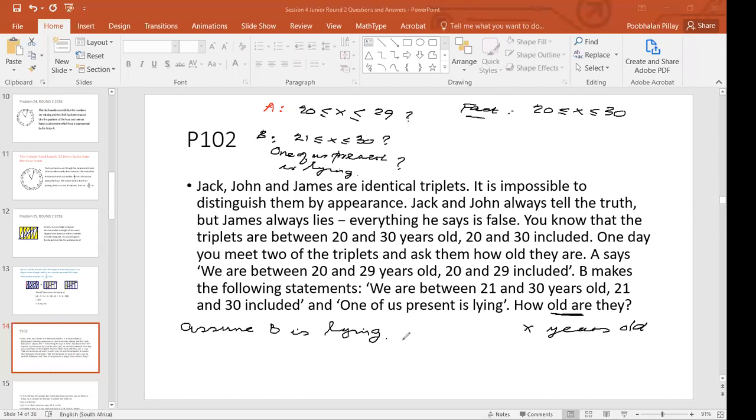You can say a lot of things and you may be right, but the logic is very clear when you do this. Suppose B is lying. Now, what does it mean? It means that everything he says is a lie. Agreed? Yes, sir. Right. Now, in other words, this statement here is a lie.